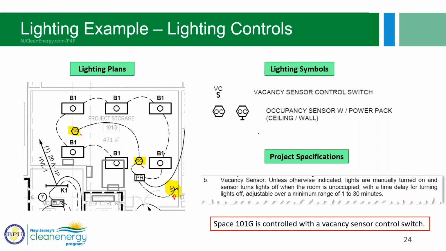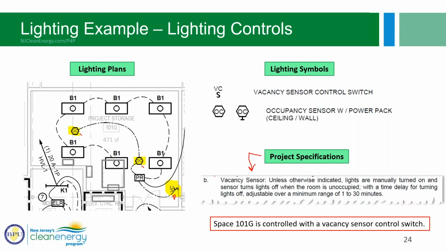So at this point, you could make some assumptions about how the vacancy sensor control switch works, but the best thing to do next is to check the specs to fully understand what is the nature of this control switch. How does it work?